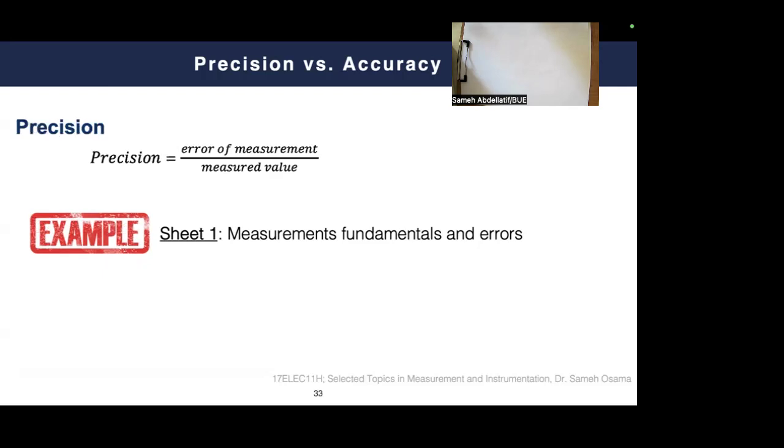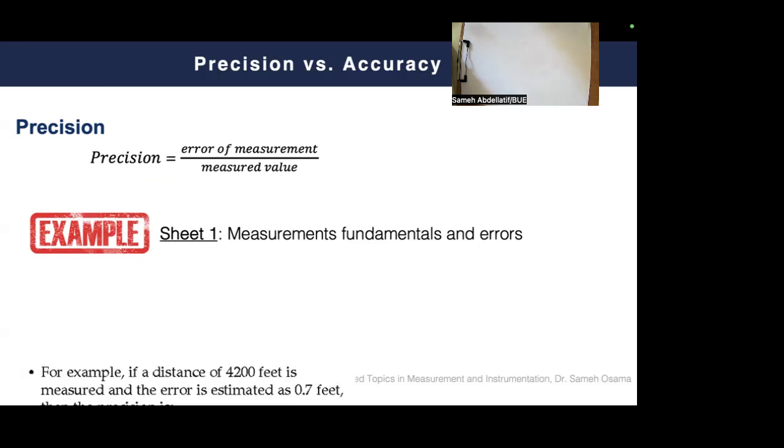However, in precision, as I mentioned, we are comparing results to each other. So here we are comparing the error of measurement over the measurement's value. As you can see in the precision equation, the true value doesn't appear, because simply we are comparing results to each other.